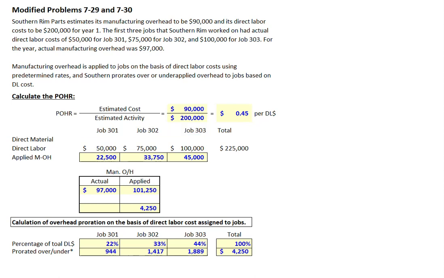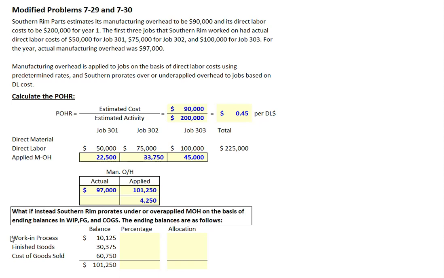Let's consider another method or way of prorating or allocating our over-applied manufacturing overhead. What if instead we're told that Southern Rim prorates under or over applied manufacturing overhead on the basis of the ending balances in work in process, finished goods, and cost of goods sold? In other words, it doesn't really bother tracing these costs directly to the jobs.